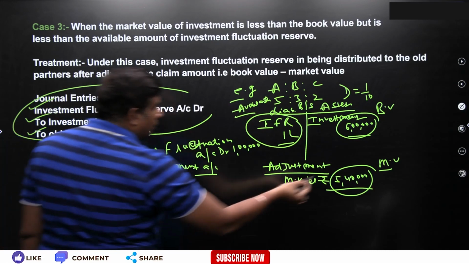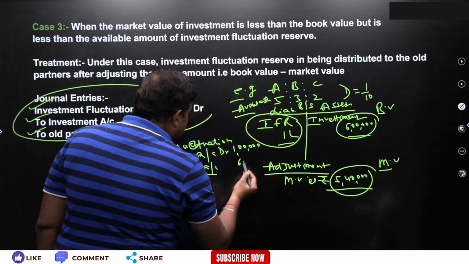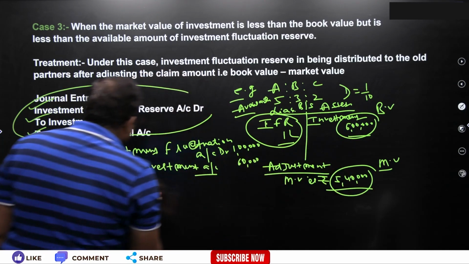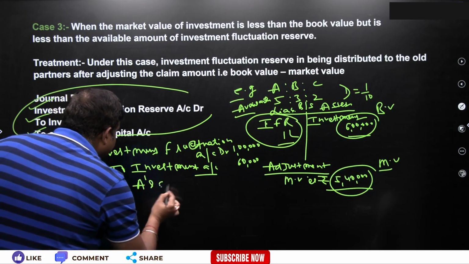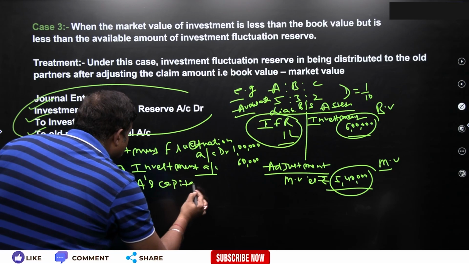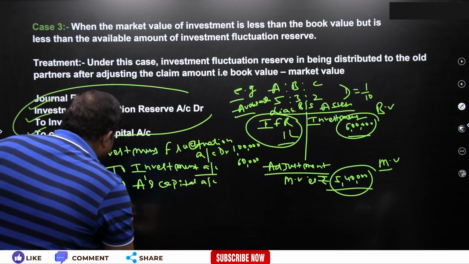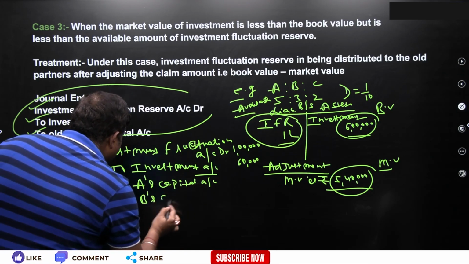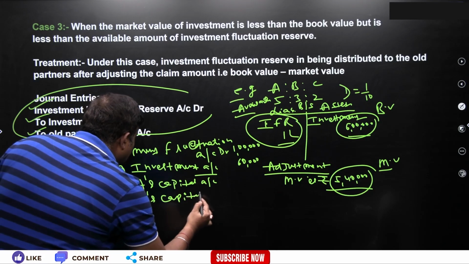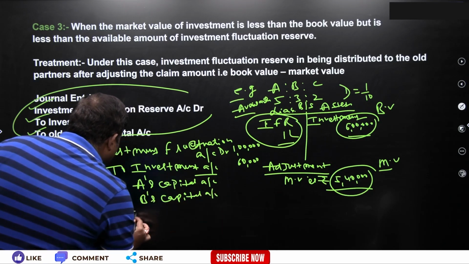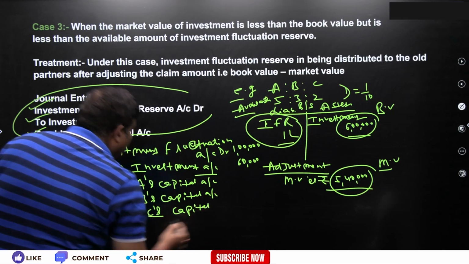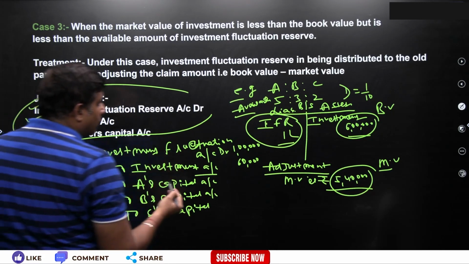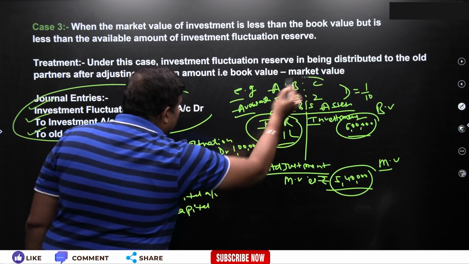To investment account, we have to record the difference, that is 60,000. So the 40,000 is the unused value, and that has to be distributed to the partners. So the remaining 40,000 has to be distributed to the partners in their given ratio, that is the old ratio.